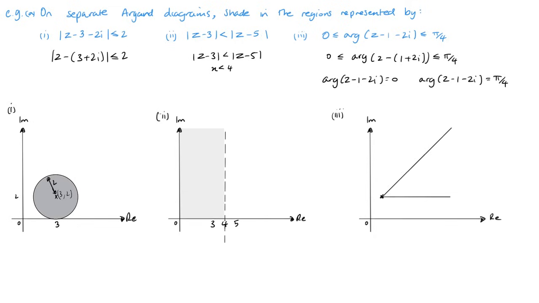And 45 degrees looks like that. So this angle here is that pi by 4. And then I'm just left to shade this area or this region. And there you have it. So I've done all three diagrams.